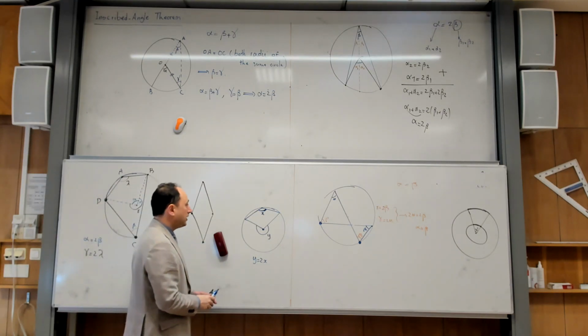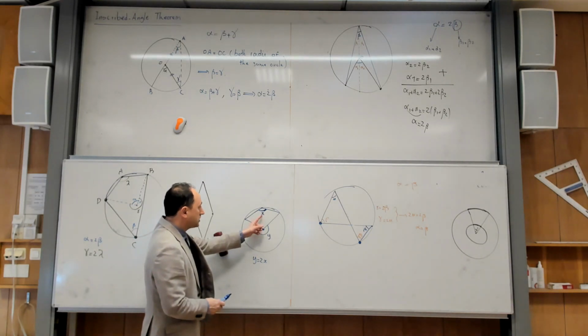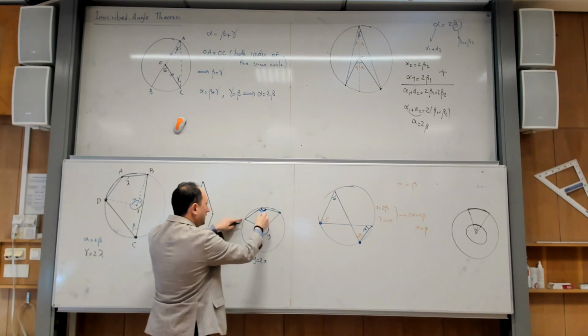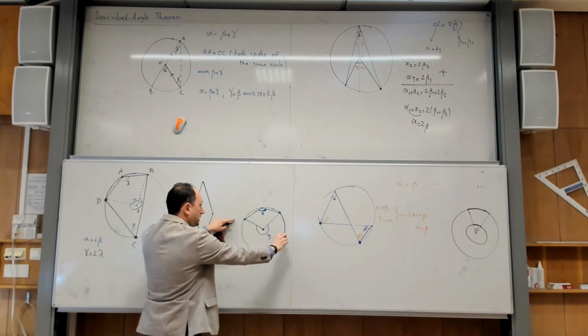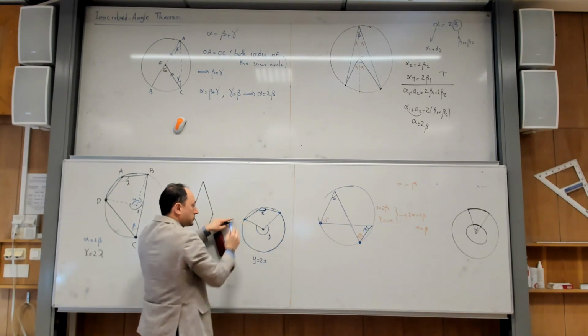Secondly, if I ask you, can you show me the arc which is subtended by x, you would say that this is the leg of x here, and this is another leg of x here. So this arc, that I am making clear now, is the arc subtended by x.